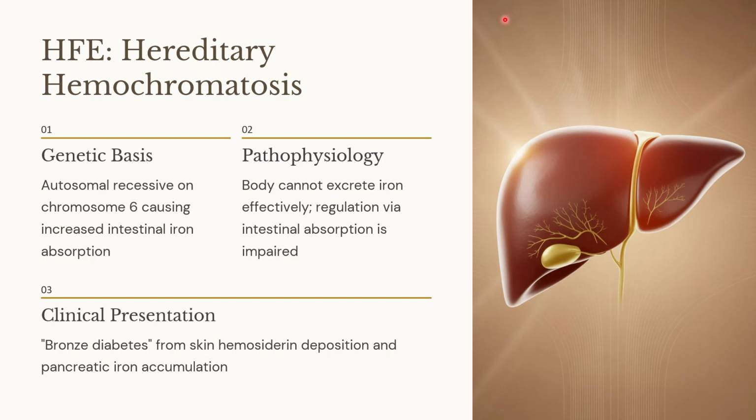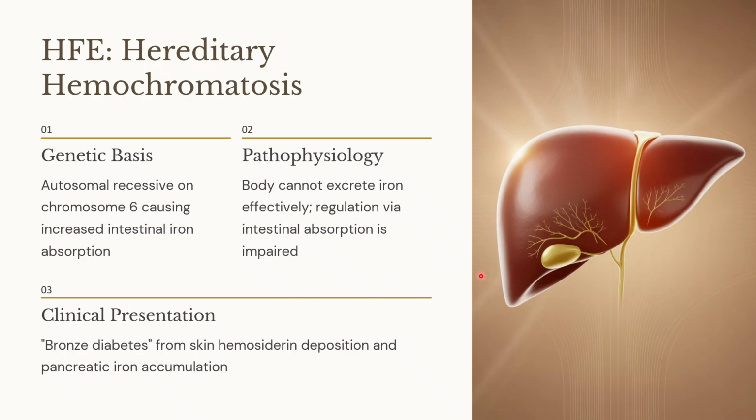So whatever iron is present in the intestine cannot be absorbed fully by the body. Whatever is needed will be absorbed, and the remaining will be excreted. When that regulation is impaired, it will result in hereditary hemochromatosis. The body cannot excrete iron effectively. Therefore, the intestinal absorption is impaired.